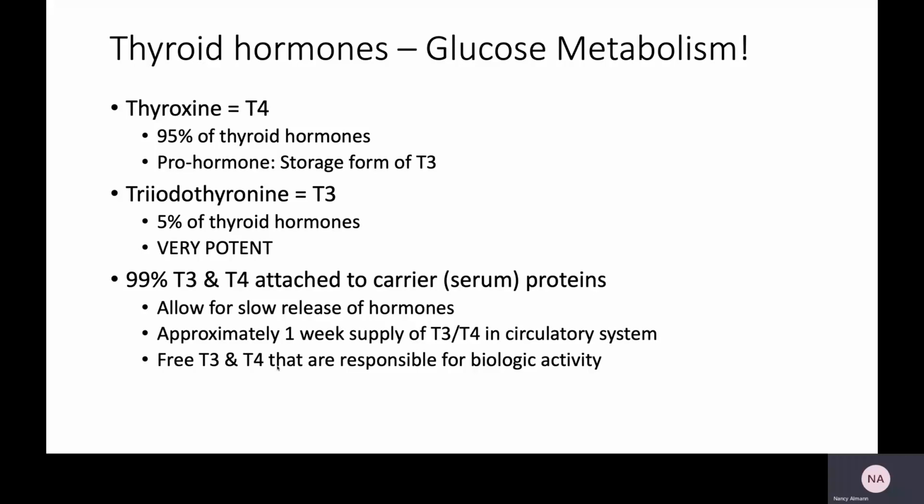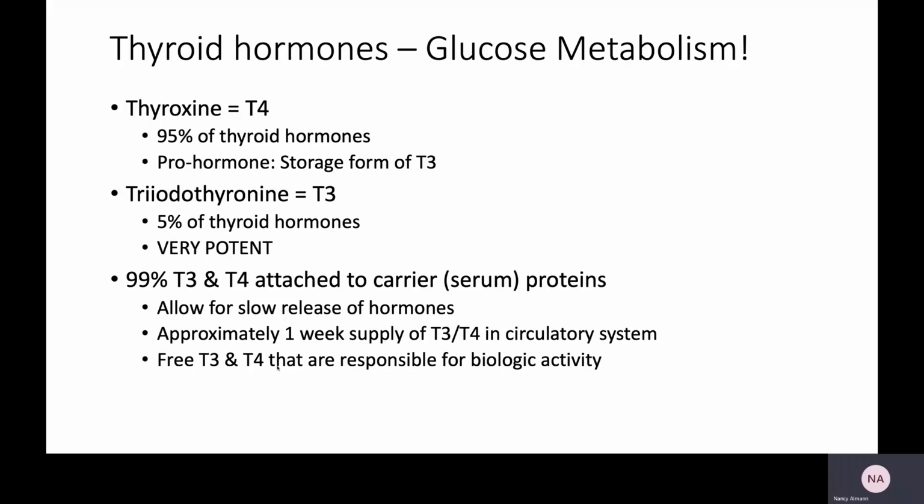Now, thyroid hormones, why do we care? Because they're all about glucose metabolism. About 95% of the thyroid hormones are going to be thyroxine, and it is a storage form of T3, so it's considered what is known as a prohormone. T3 is the remaining 5% of the glucose metabolizing hormones of the thyroid.